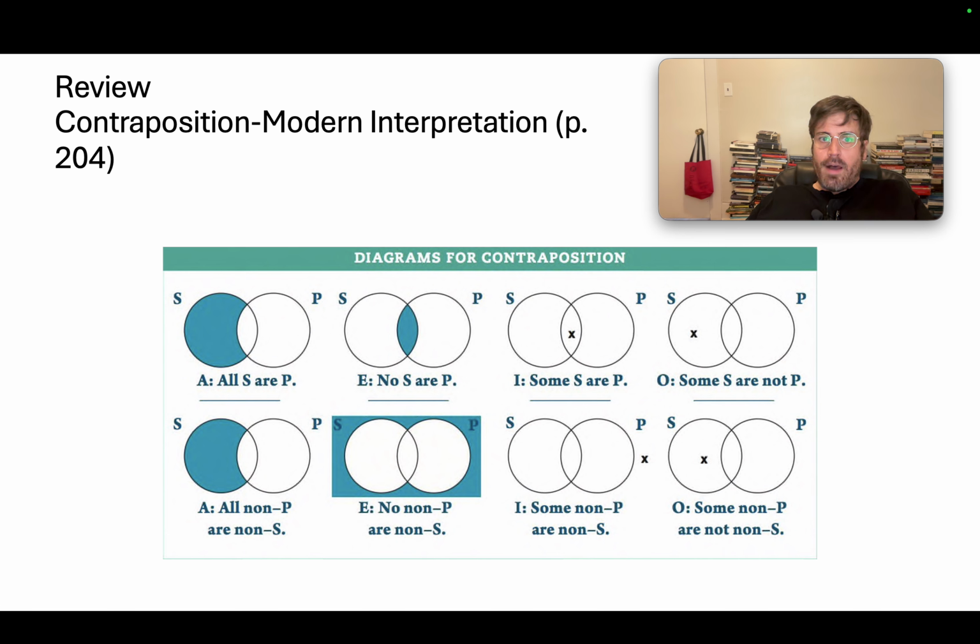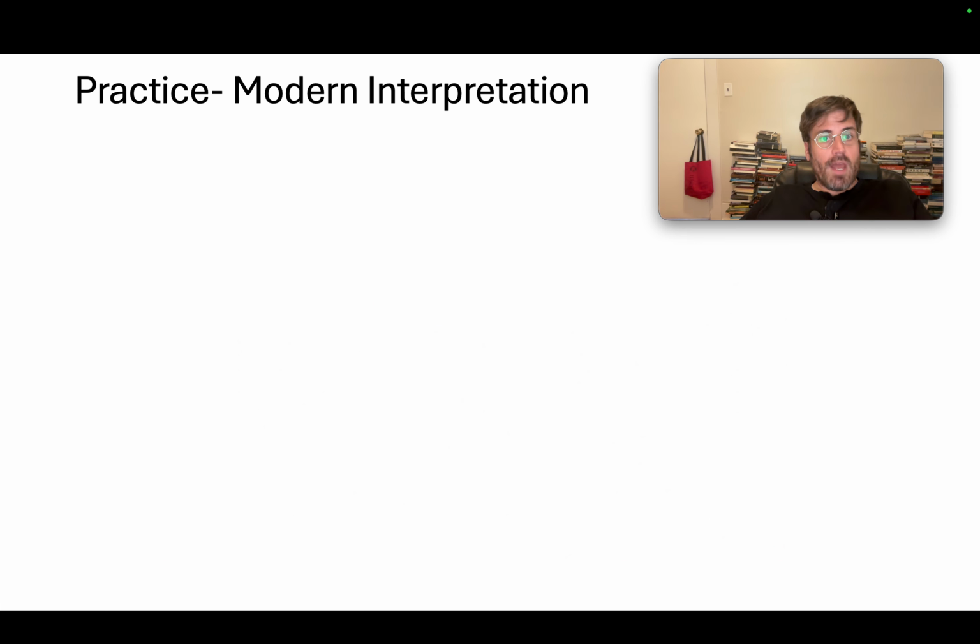So get in the habit of writing these down and memorizing which inferences are valid and which are not valid. And the Venn diagram should be referred back to regularly as you're doing that to reinforce which ones are valid and logically equivalent. Okay, let's do a little practice with some of our immediate inferences.